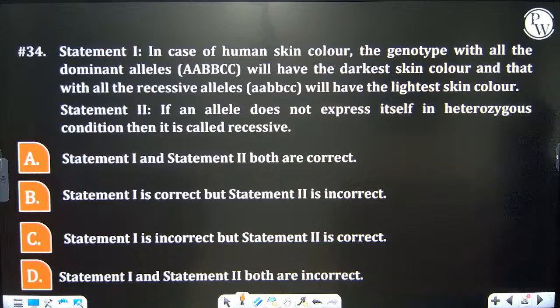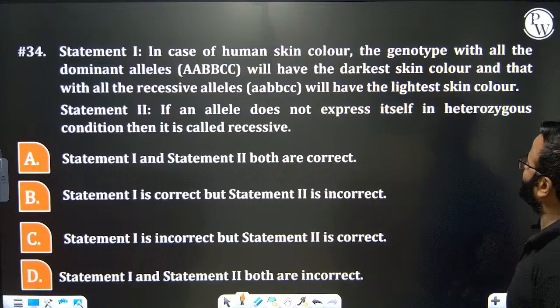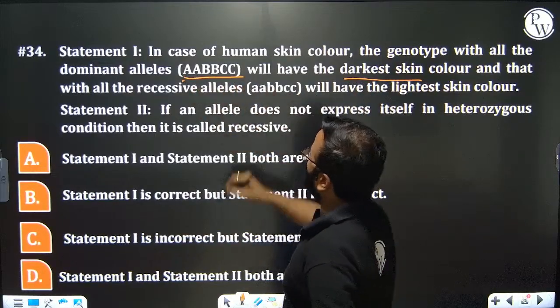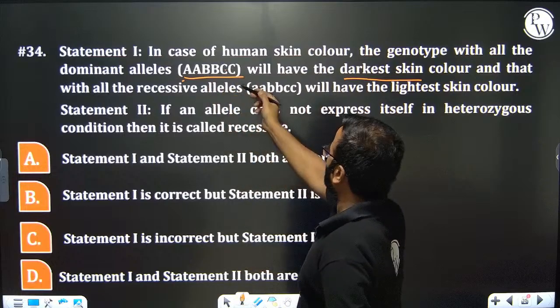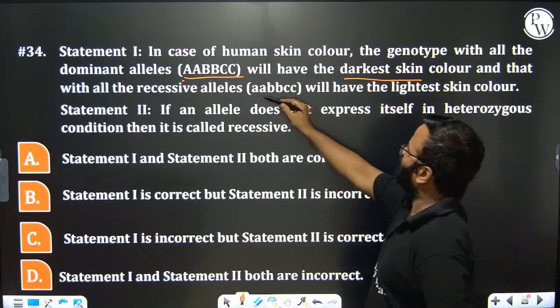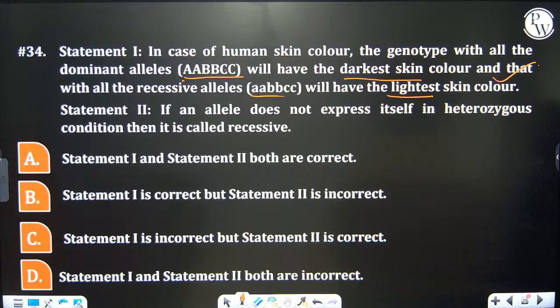In case of human skin color, the genotype with all the dominant alleles AA, BB, CC will have the darkest, which is true because it is an additive effect of all these. And that with all the recessives will have the lightest, which is true. So statement 1 is true.